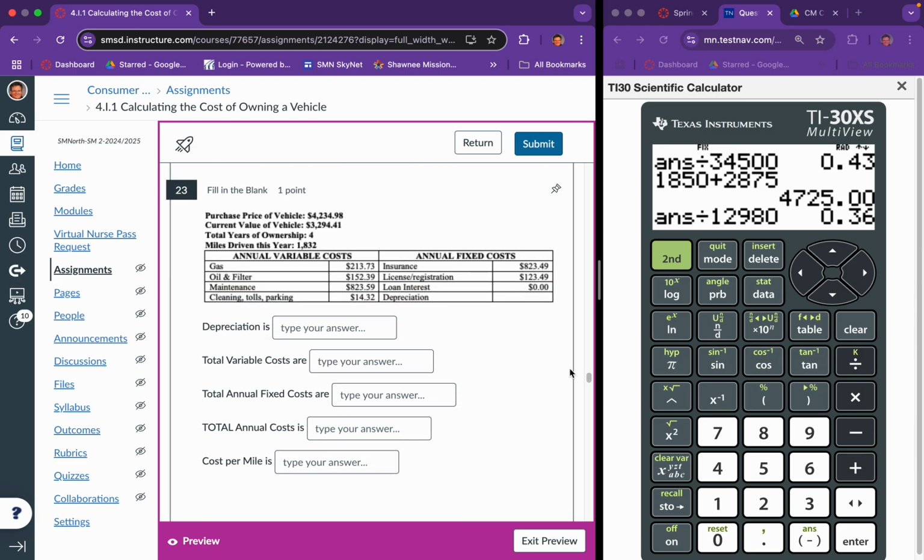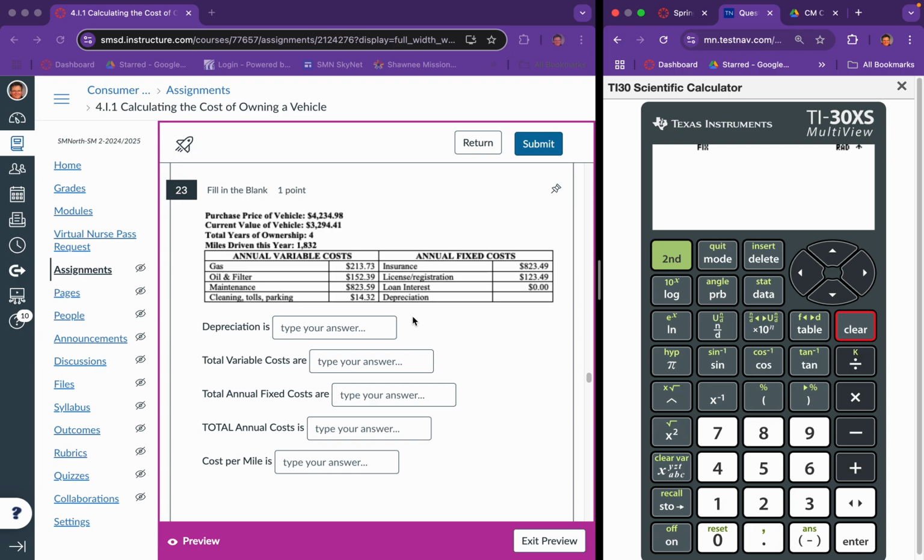Okay, now a little more itemization. So right here are the variable costs. Right here are the annual costs, but notice the annual cost is missing the depreciation. So the first thing we have to find is the depreciation. We find the depreciation if we know how much we spent for the car, how much the car is worth today, divided by how many years we have owned the car.